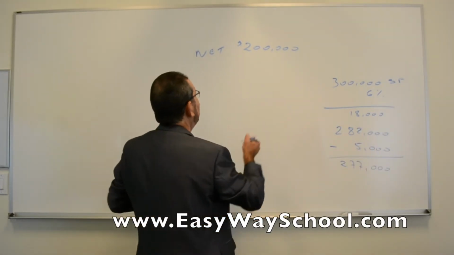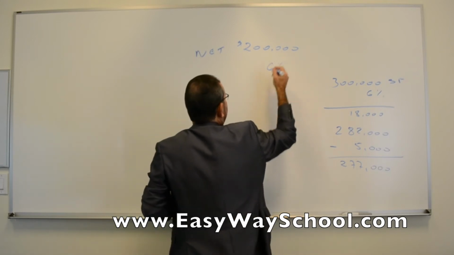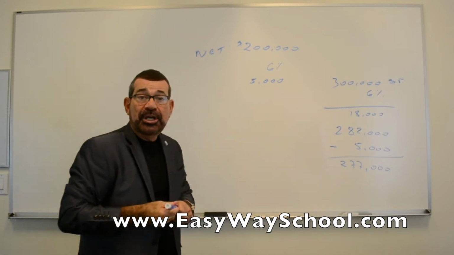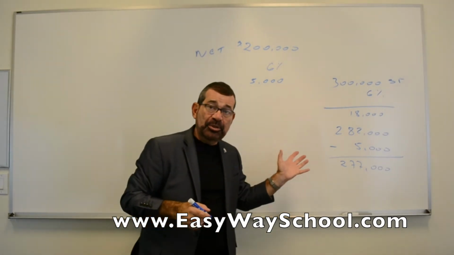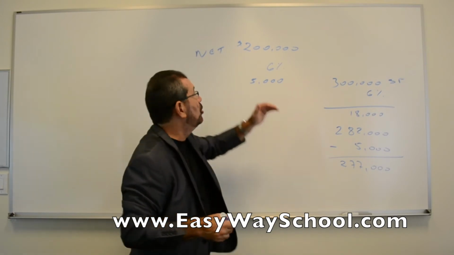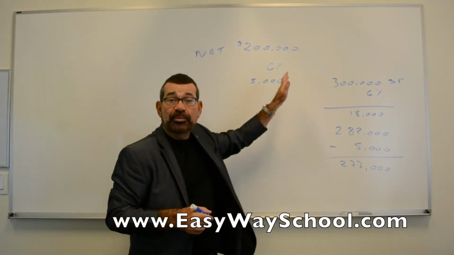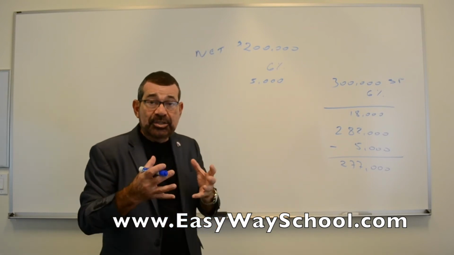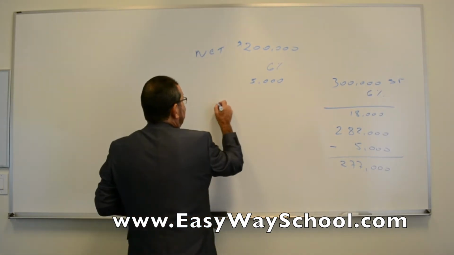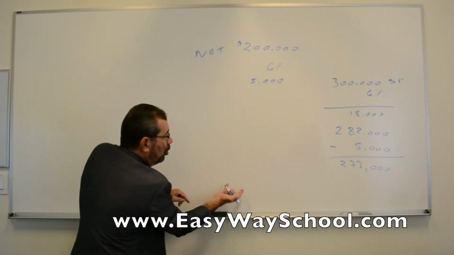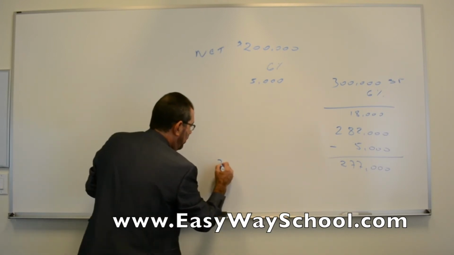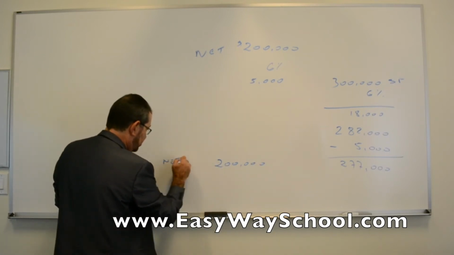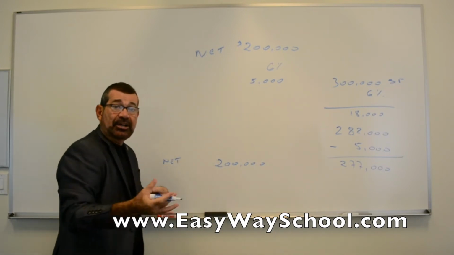So let's assume that the commission will be 6% and the closing cost will be $5,000. Now remember that all this information will be on your question. It's going to show you the net, the commission, and the closing cost. Now, this is what you need to do. If he's going to net, I'm going to go in reverse. So $200,000 is the net after taking $5,000.